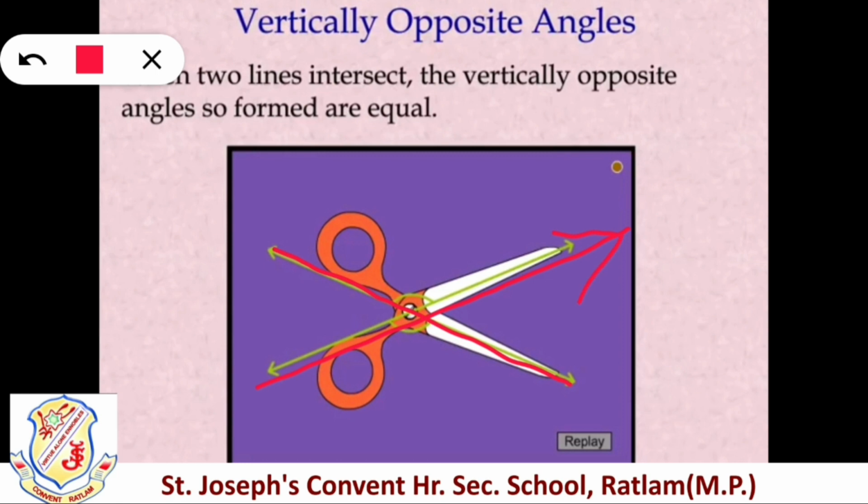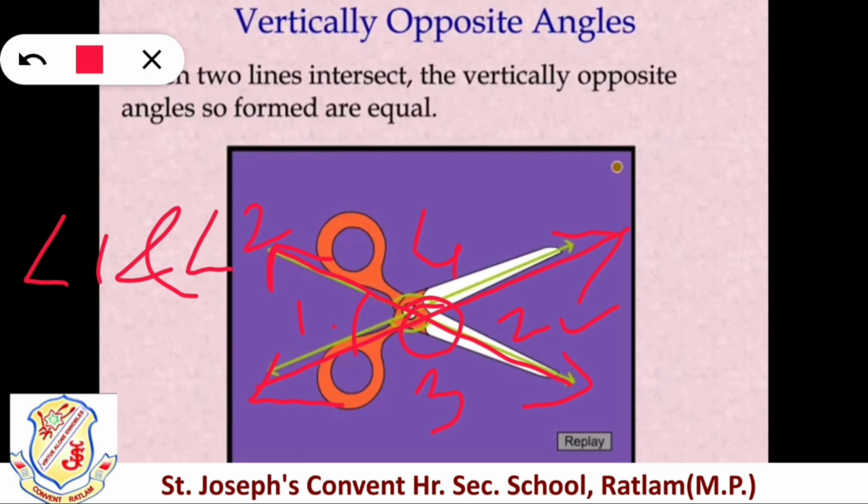These are two lines, and when these two lines intersect, meaning they cut each other at this point, they make some angles like this: angle 1, angle 2, angle 3, and angle 4. So angle 1 and angle 2 are called vertically opposite angles.